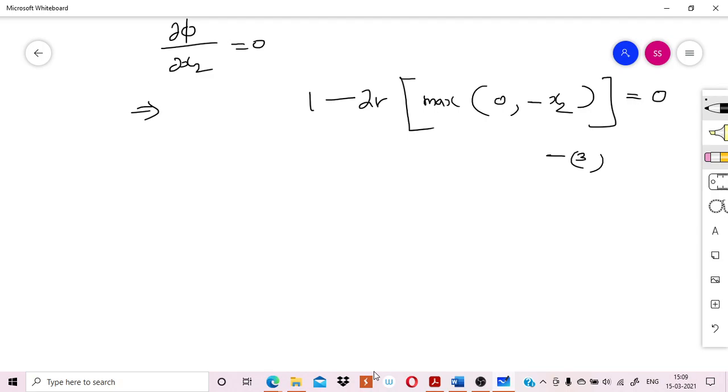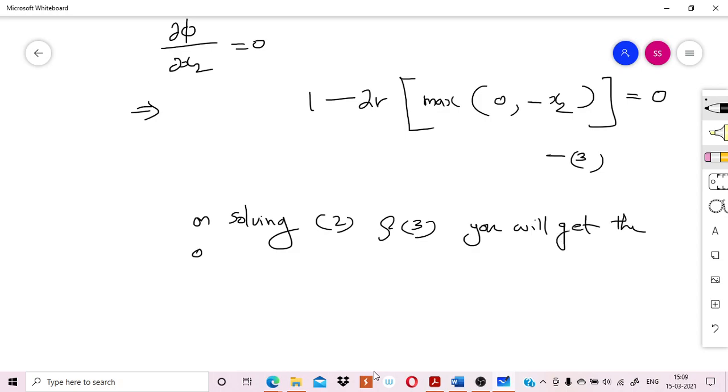So on solving 2 and 3, you will get the optimum solution for x1, that is optimal solution x1 star and x2 star. Okay, you will get the optimal solution.